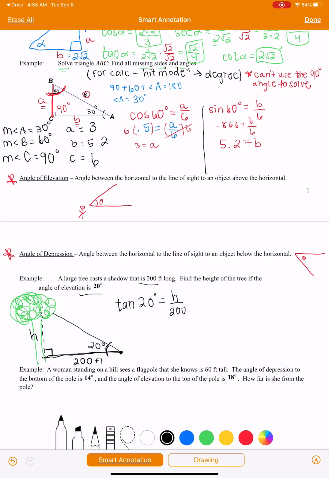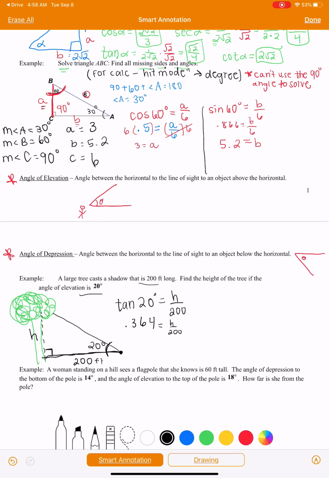So this is, again, a handy place to have our calculator. So tangent of 20 degrees is going to be 0.36397, etc. So I'll go ahead and round that to be about 0.364.